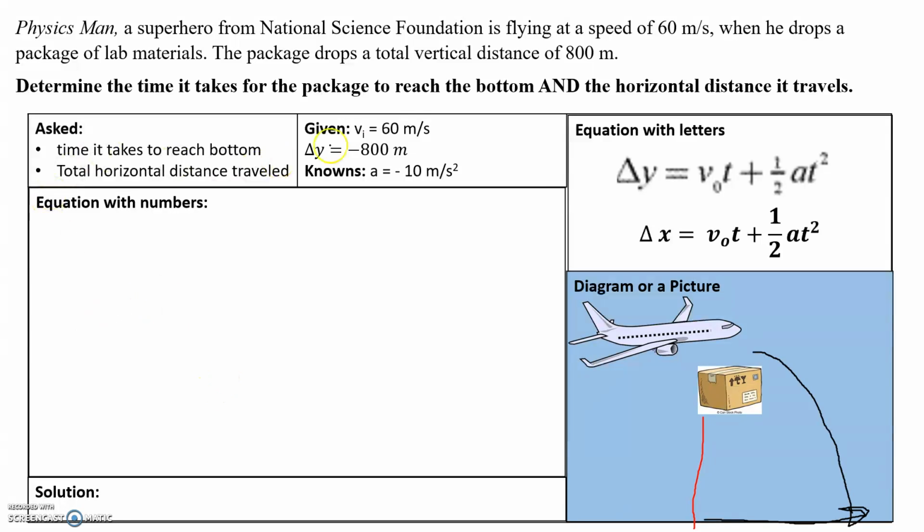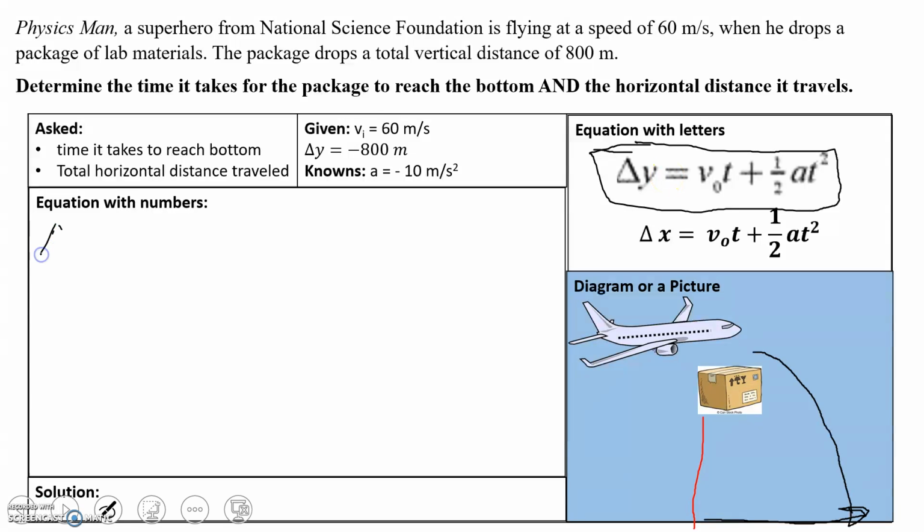So what do we know? Well, we know this equation: delta y equals the initial velocity times time plus 1/2 a t squared. One important thing you need to know is that if you want to find time in a projectile motion problem, you will always have to use the equation that deals with the vertical variables. That's why we're going to use the first equation, and I'll show you why in just a second.